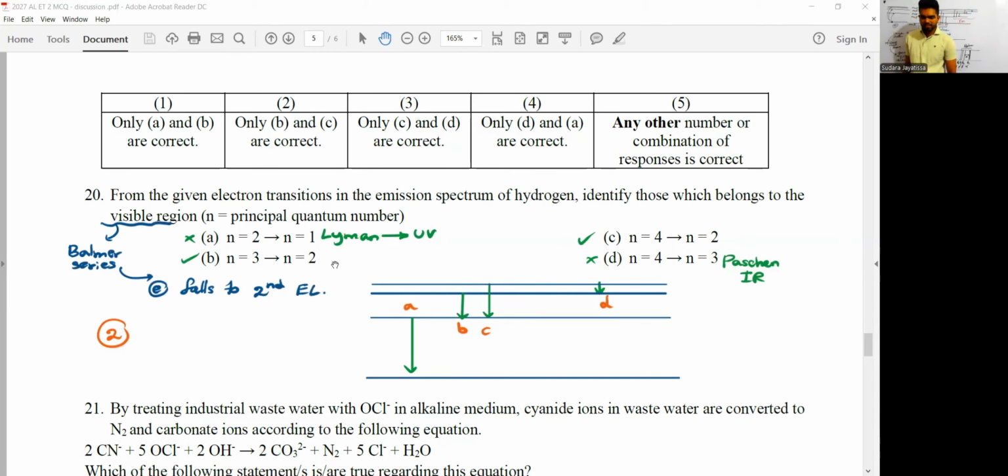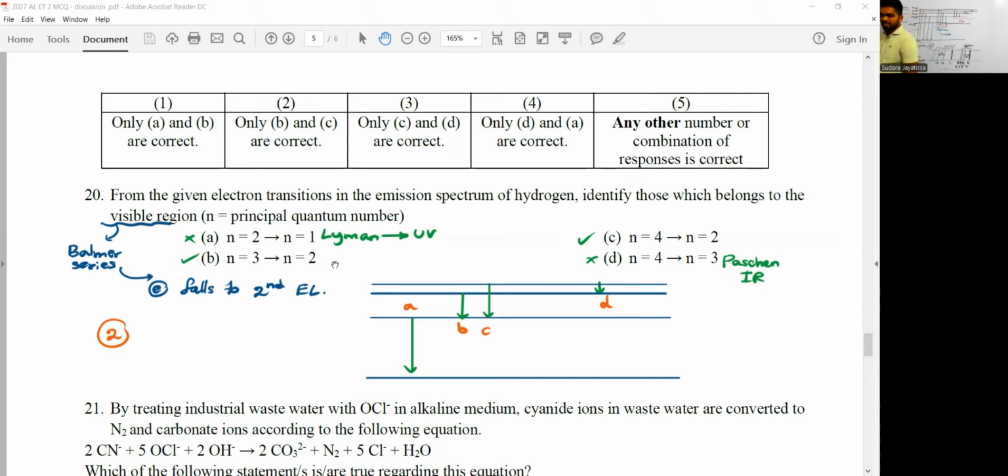So the first transition is 2 to 1. It is in the Lyman series. Like I said, it is in the UV region. So B, 3 to 2, it is okay. It's actually a red color line. And C is 4 to 2, that is also there in the visible region. Right?